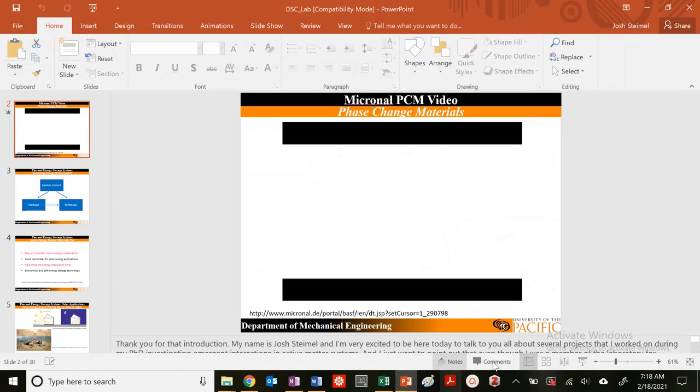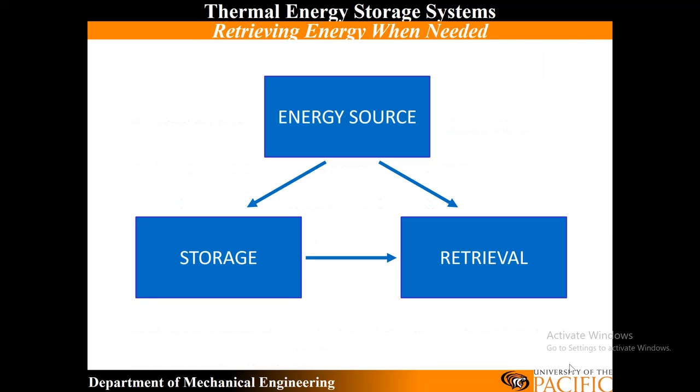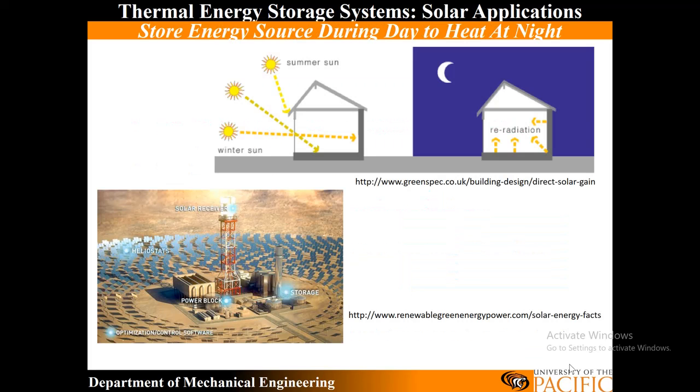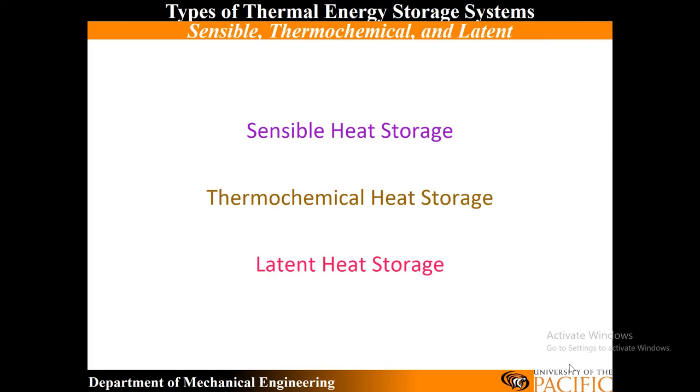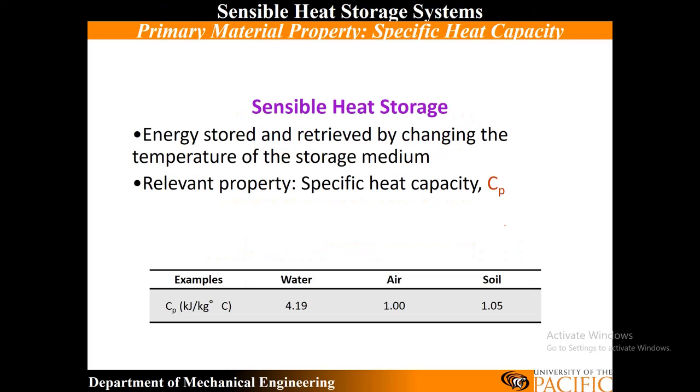So we are going to focus in this lab on phase change materials. So energy storage, retrieval, et cetera. There are different types of thermal energy storage systems: sensible, thermochemical, but we are going to focus on latent heat storage in this class. Sensible heat is basically storing and retrieving energy just by absorbing heat via the specific heat capacity of the material.